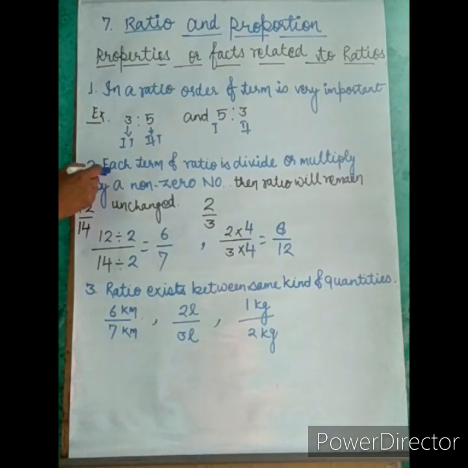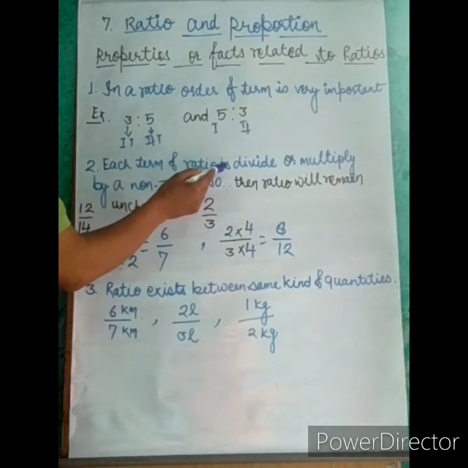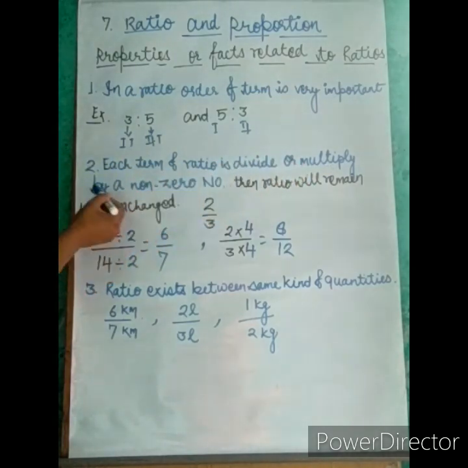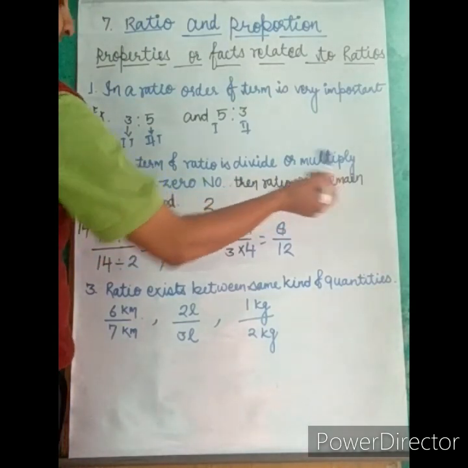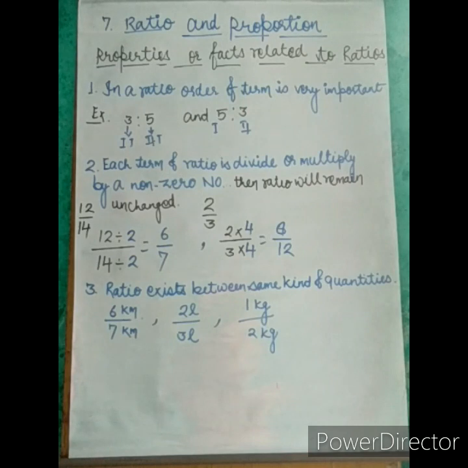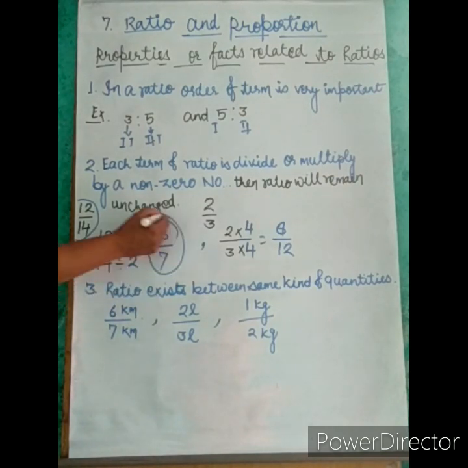Second is, if each term of a ratio is divided or multiplied by a non-zero number, then the ratio will remain unchanged. Here you can see we have 12 over 14. If you divide the first term and second term both by the same non-zero number, here I divide 12 by 2, 14 by 2, so what did you get? 6 over 7.